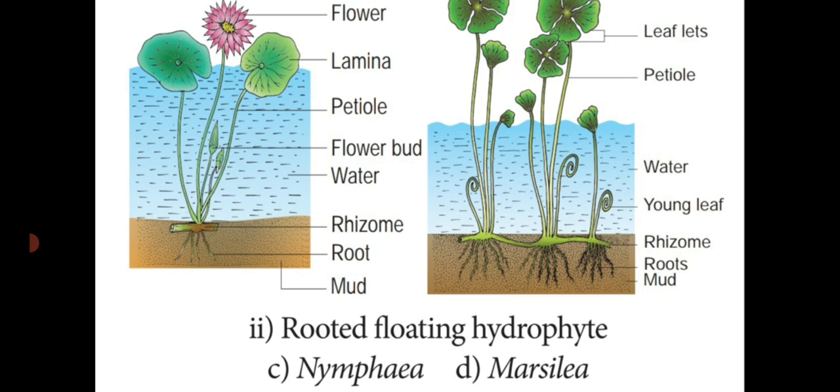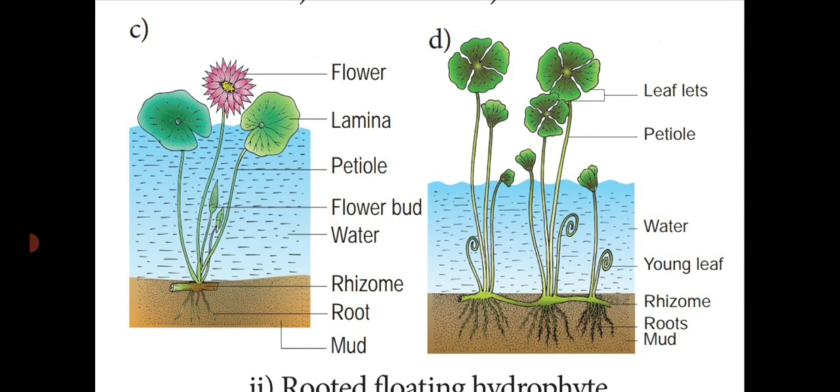With the help of these roots only, they are attached to the mud region. So they are in contact with the soil. Then part of the plant, the petiole, is in contact with the water. Then the leaf and flowers are located above the water level. That means they are in contact with the air.